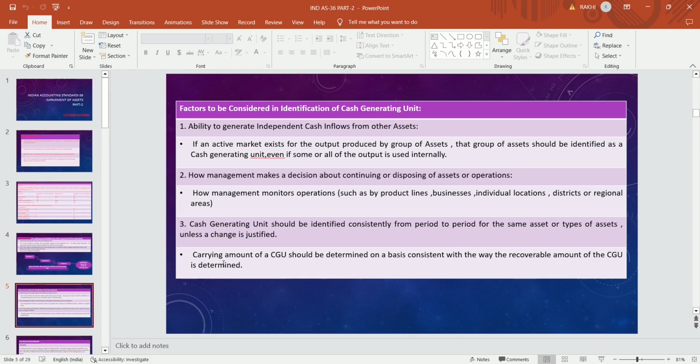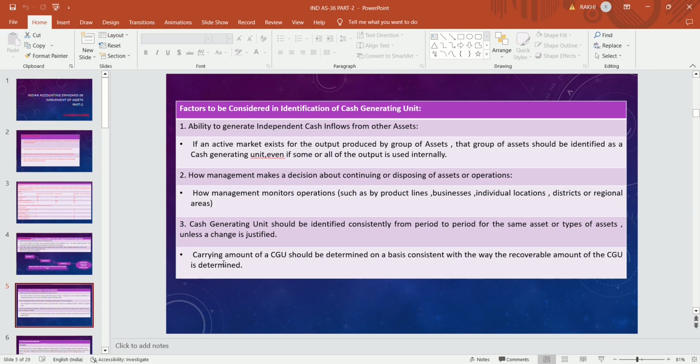In machinery A, they bring out the output which is inserted in machinery B, and whatever output emerges from machinery B is inserted in machinery C, and then the output which emerges from machinery C is inserted in machinery D, and then the final output comes out, and that final output is sellable in the market. So whether these machineries can work independently, they can independently generate cash flows.